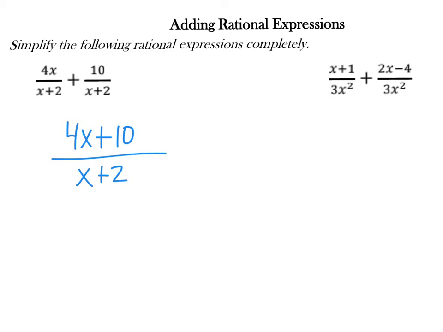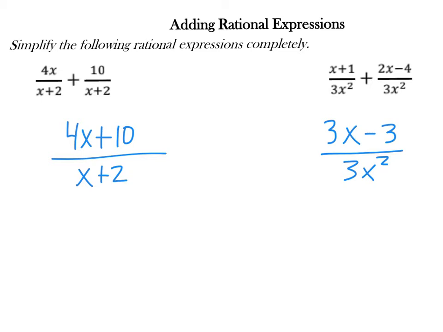On the other example, we have x plus 1 and 2x minus 4. So when we combine the x and the 2x, we're going to get 3x. And the 1 and the negative 4 gives me negative 3 over 3x squared.